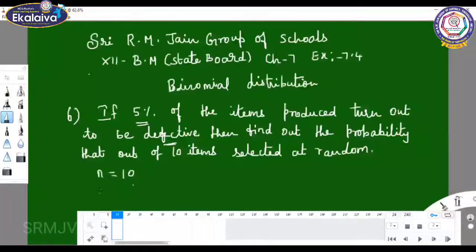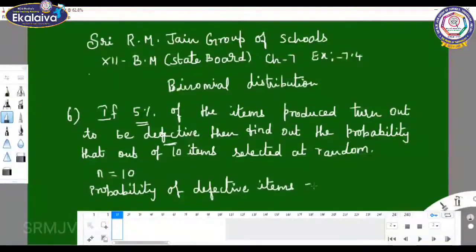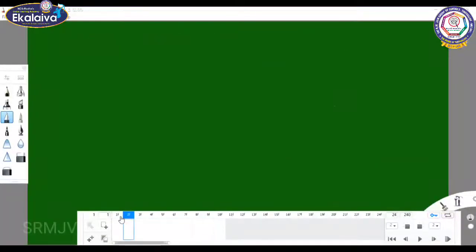n equal to 10. Probability of a defective item, p equal to 5 percentage, n equal to 10.